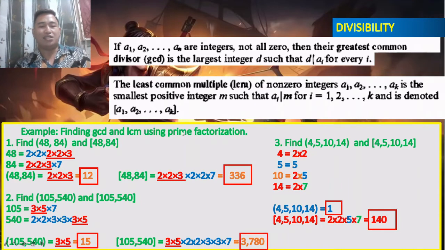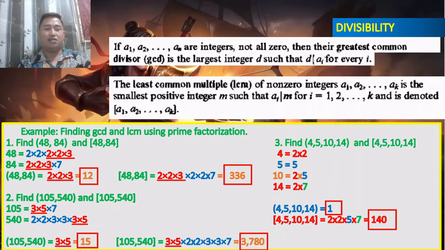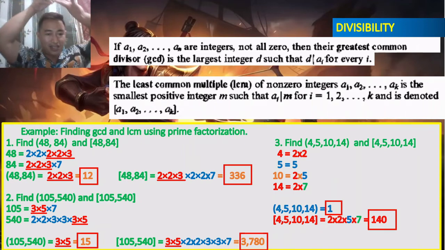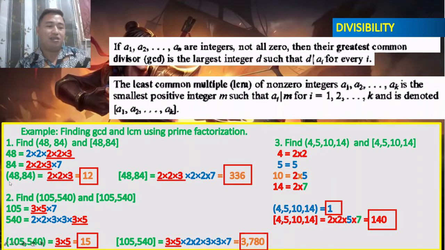Here we use prime factorization, so we get their prime factors. 48 is equal to 2 times 2 times 2 times 2 times 3. We don't use 8 times 6 because 8 and 6 are not yet prime. 8 is 2 times 2 times 2, three 2s, and 6 is 2 times 3, so we have four 2s and one 3. Then 84 is equal to 2 times 2 times 3 times 7.